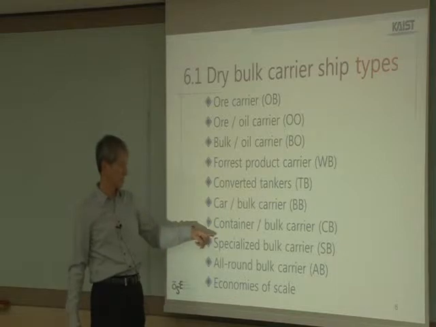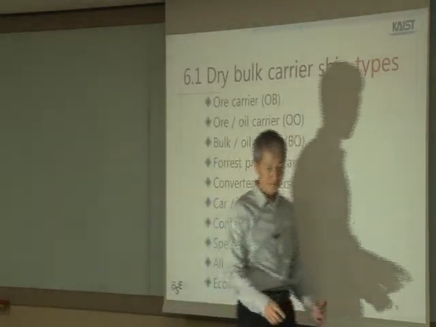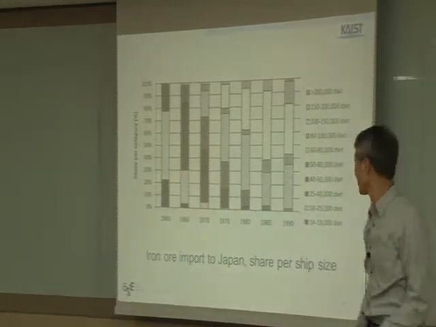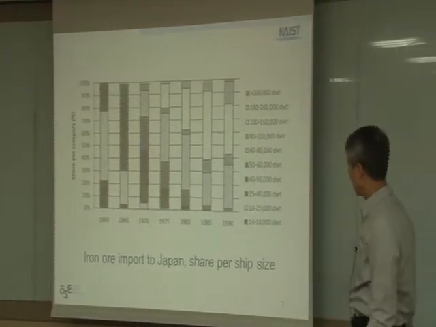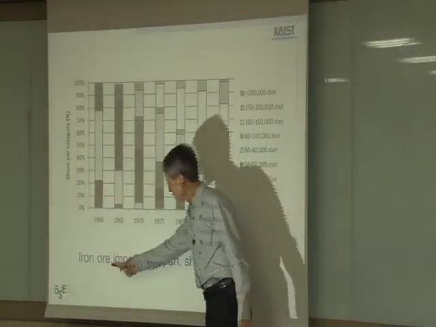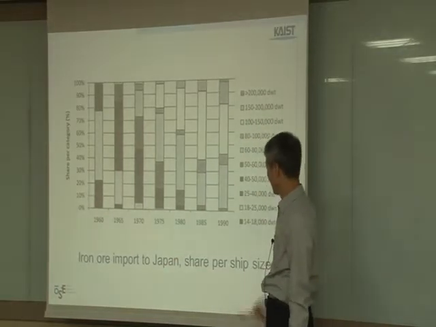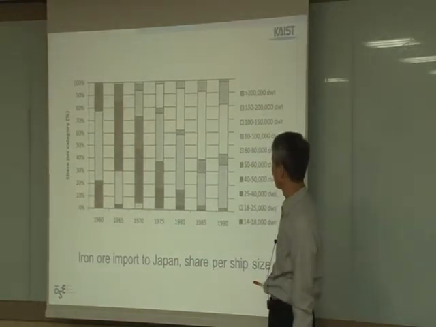Car carrier, bulk carrier, container, specialized bulk carrier, all-round bulk carrier, economy of scale. Iron ore, the steel making iron ore imported to Japan, share per ship size. Right?